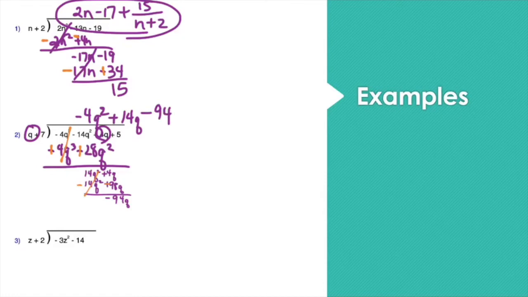Multiply that out. Here and here. We're going to have negative 94q minus 94 times 7, which is like 658.